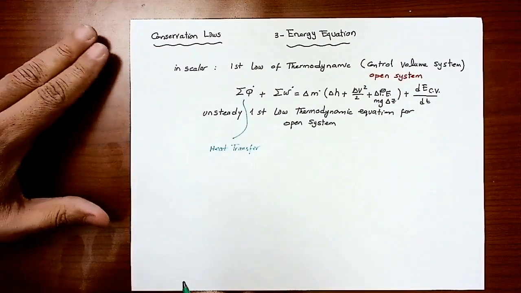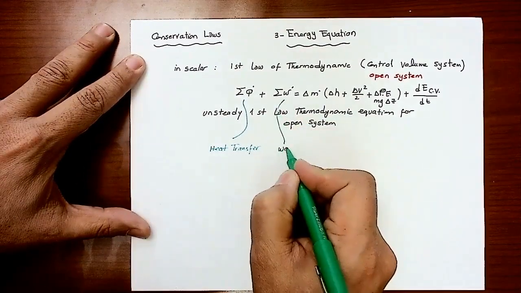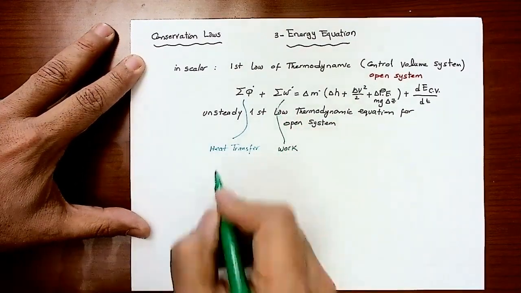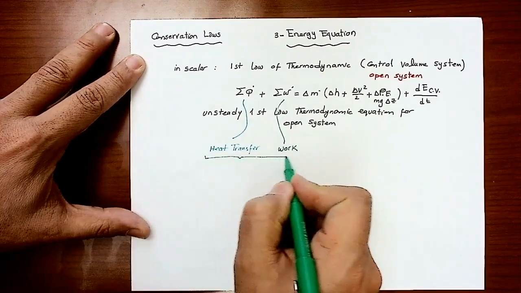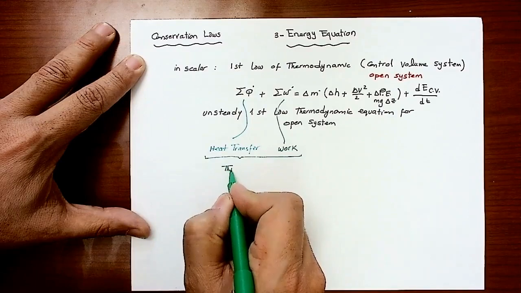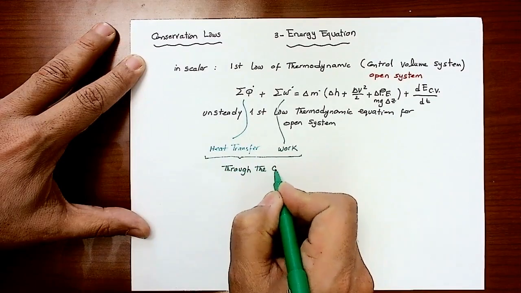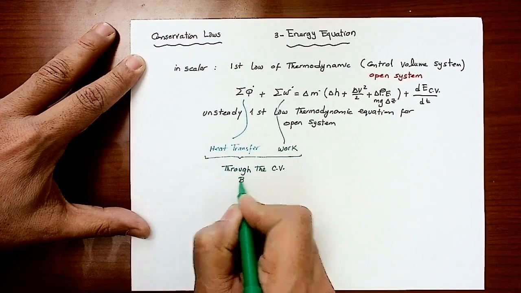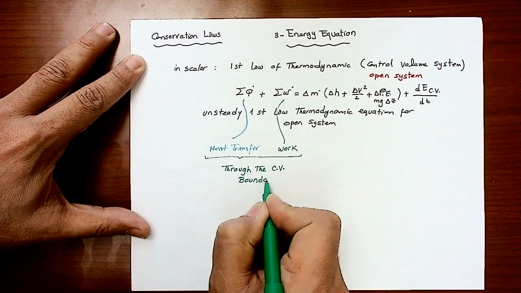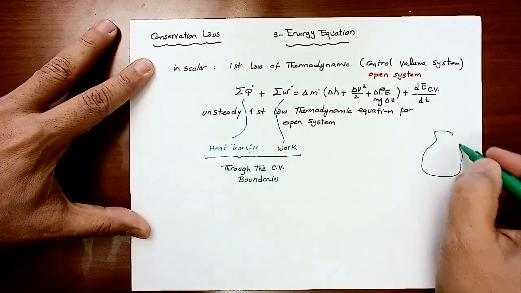So this is the heat transfer, and this is the work. And these two are actually happening through the control volume boundaries. So this is my control volume.